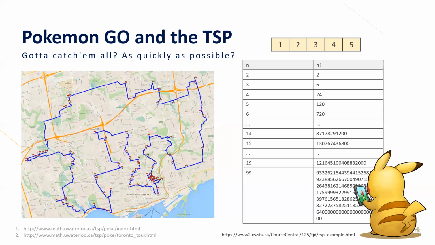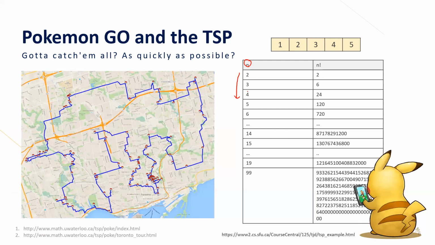But if you go into more detail and increase the number of stops, the number n, what can you see? If you look at the table here, the number increases quickly even with slight increases in n.